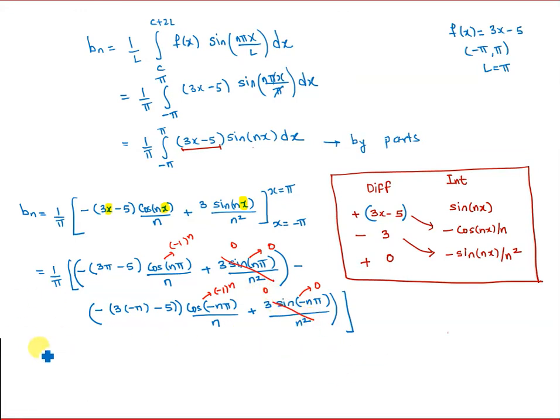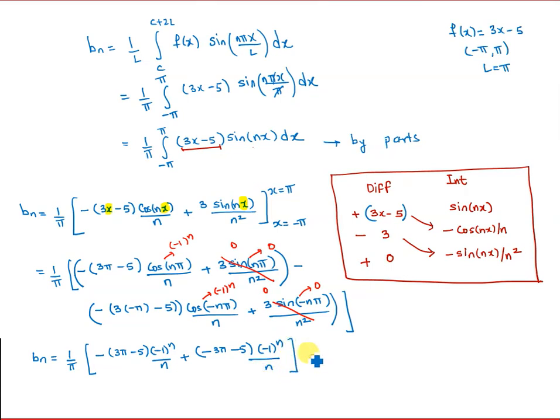Bn is equal to 1 over pi, minus of (3 pi minus 5) minus 1 to the power n over n. And this minus becomes plus. This becomes minus (3 pi minus 5) minus 1 to the power n over n.